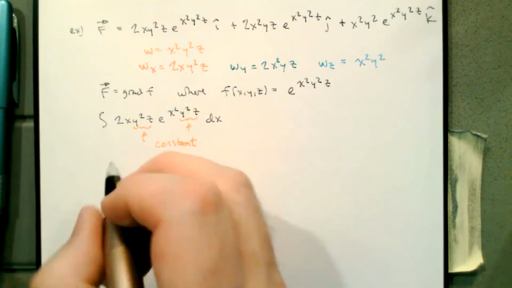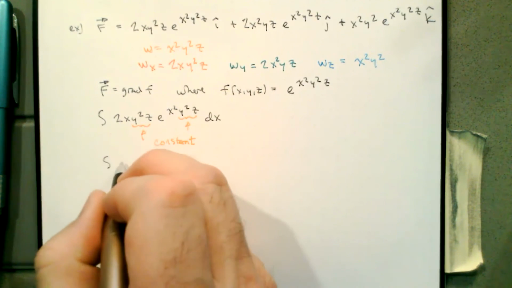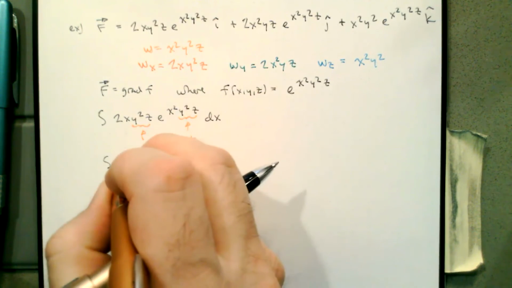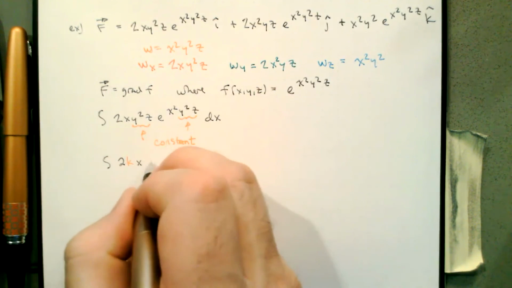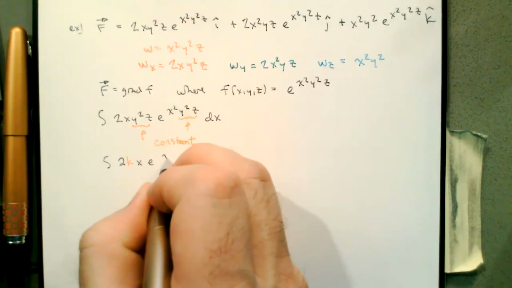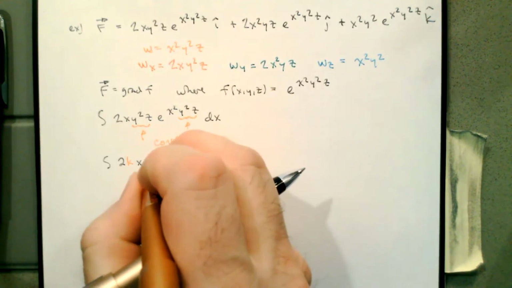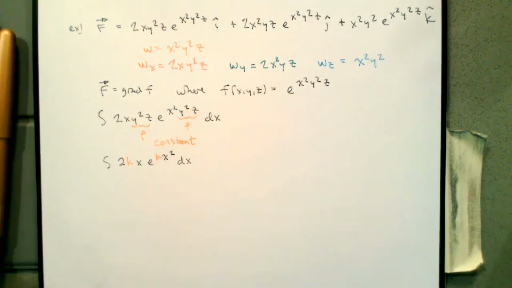So we're thinking of integrating. This problem looks like 2 times some constant, k, x, times e to the k times x squared, because the y squared z, that's all just constant stuff.